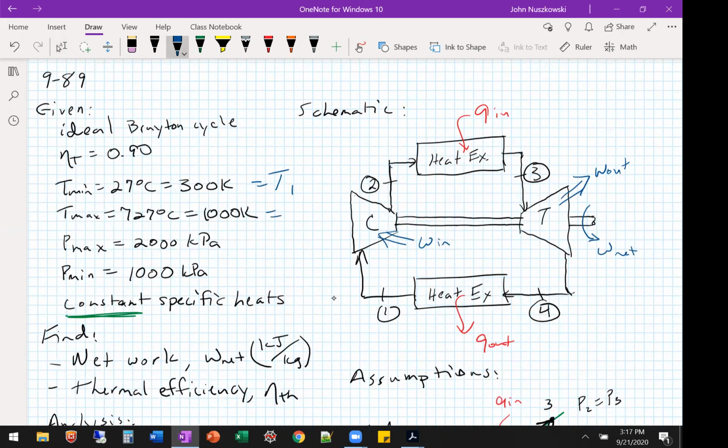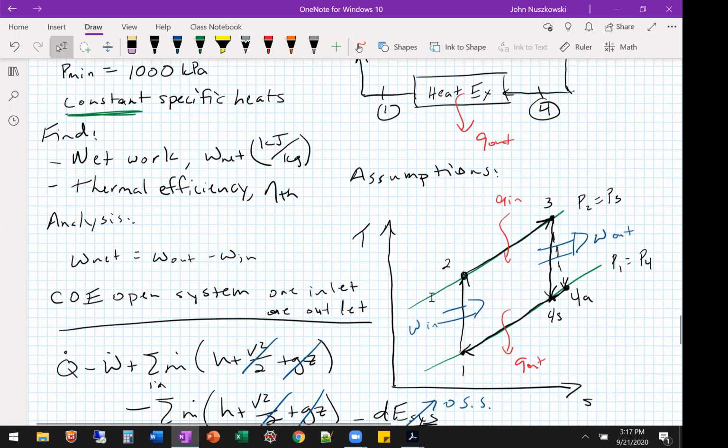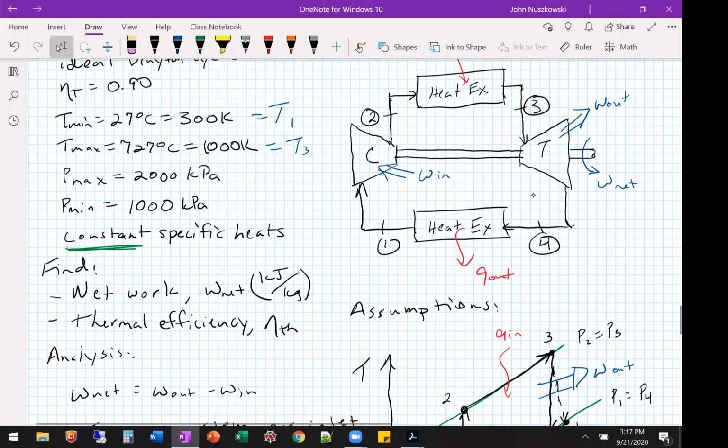What's the T max? 1,000 Kelvin. Yeah, and that's state 3 right there, right? And then we have min and max pressure. So min is P1, P4, P2, P3. Okay.